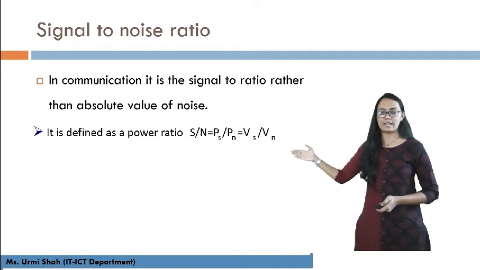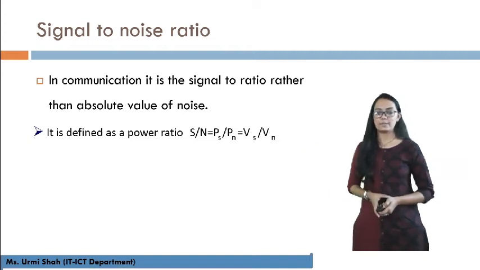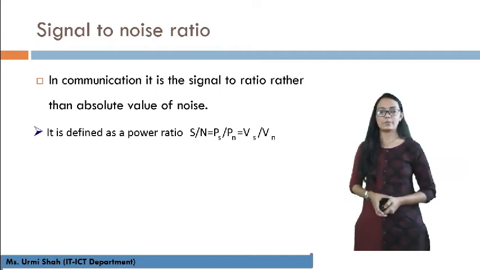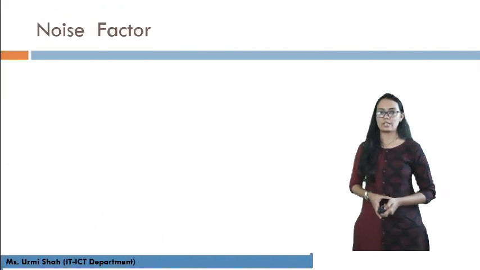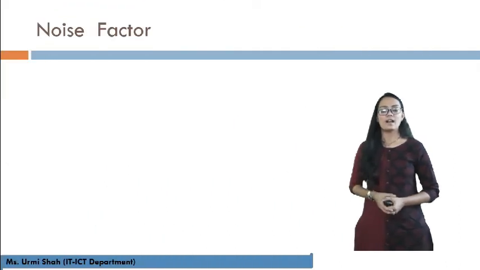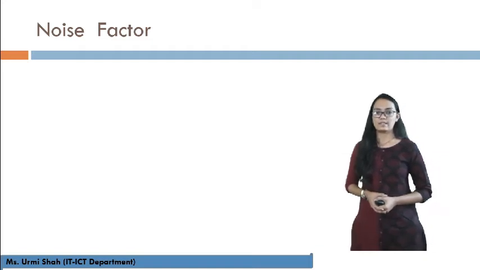So SNR is PS upon PN, that is signal power upon noise power, and VS upon VN, that is signal voltage upon noise voltage. So this is the formulation of SNR, that is signal to noise ratio.